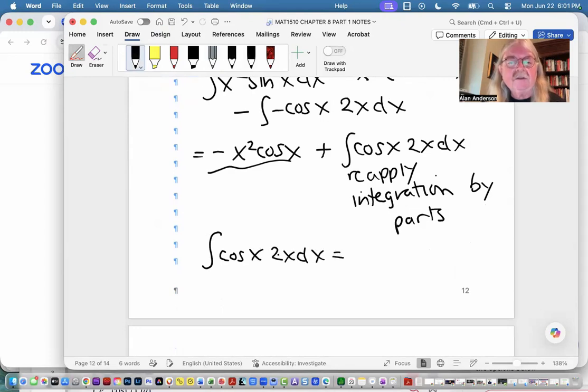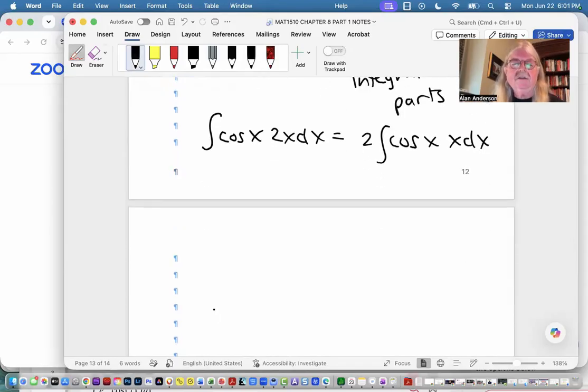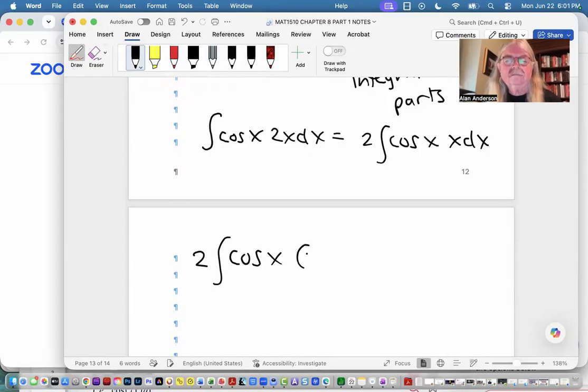I'm going to start by factoring out or moving out this two here. And then we could try this. So one of these has to be u and one of these has to be dv.